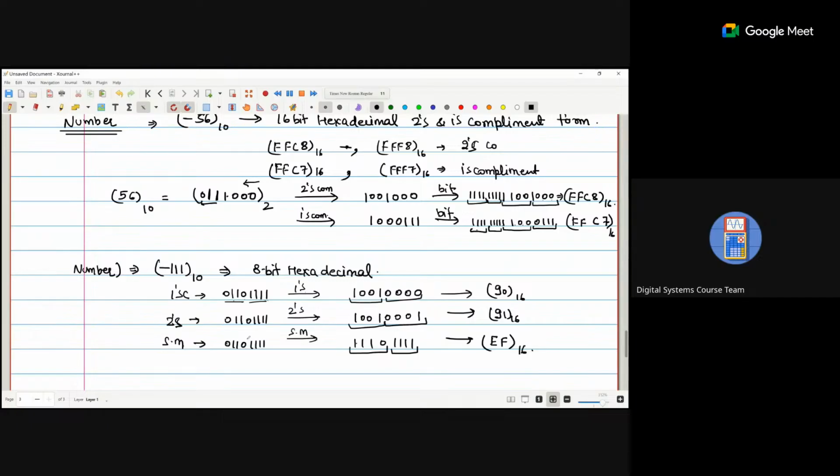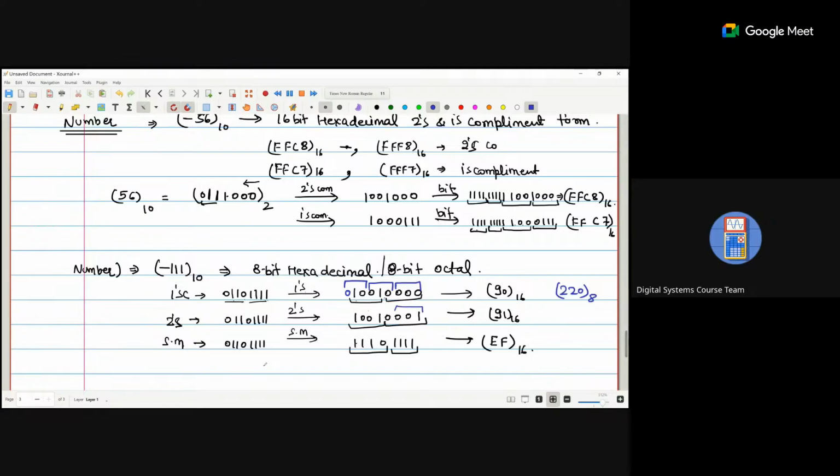You can convert into octal also, 8-bit octal also. The method is the same, only the grouping is different. In octal, we have groups of 3. So 3, 3, and one more group of 3. So that is 220 base 8.